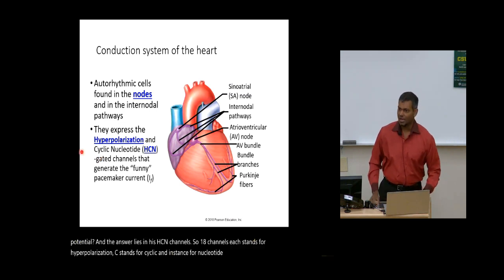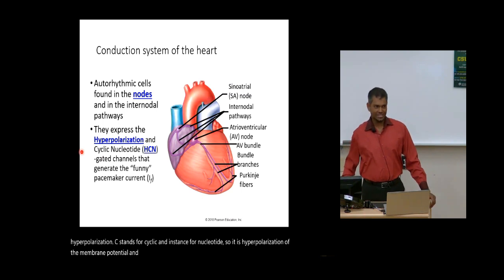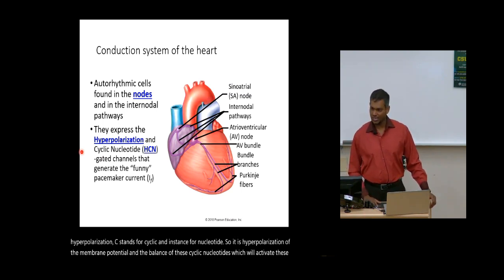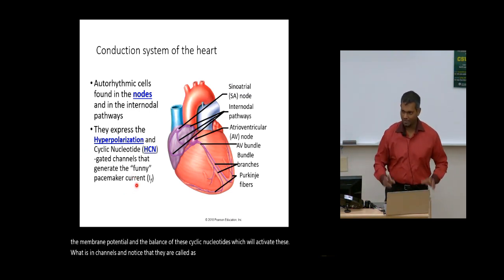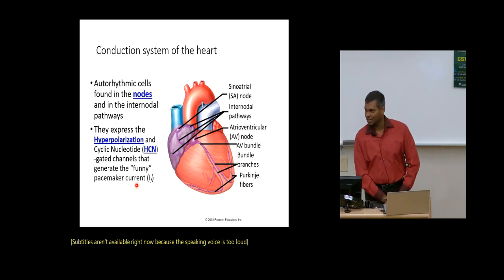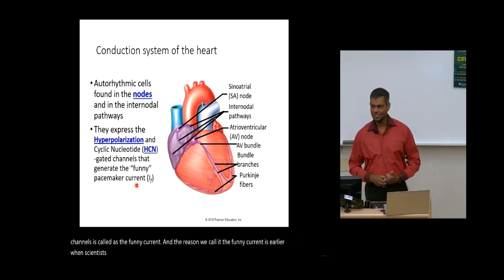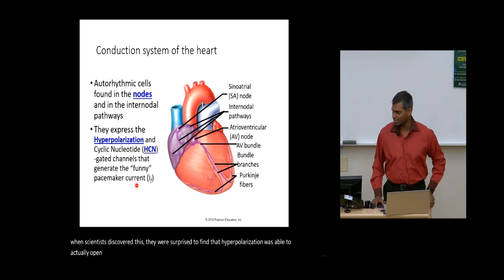So it is hyperpolarization of the membrane potential and the presence of these cyclic nucleotides which will activate these voltage-gated channels. And notice that the sodium coming in through these HCN channels is called the funny current. The reason they call it the funny current is that when scientists discovered this, they were surprised to find that hyperpolarization was able to actually open voltage-gated channels.